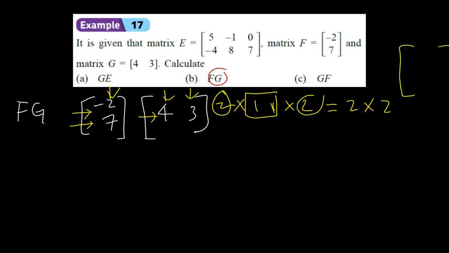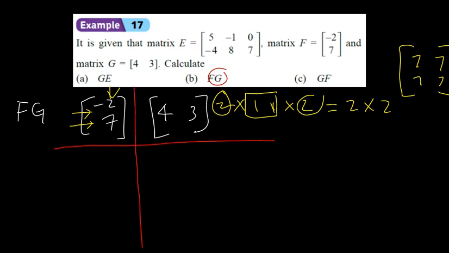So this is the type of matrix that you will get. Now erase back this one. What I do is I make the line first here.